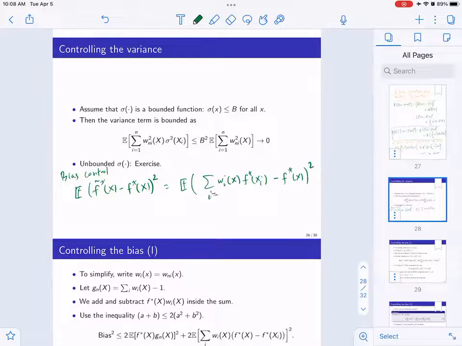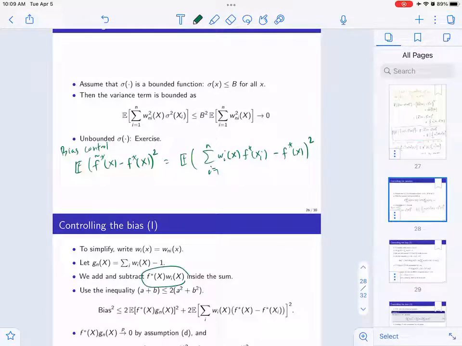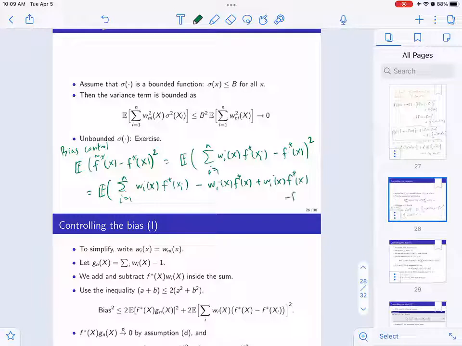What we do is we add and subtract this quantity. So you're going to add w_ni(x) f star x_i is there, right? I'm going to subtract w_ni(x) f star at x, plus w_ni(x) f star x, minus f star x. So these are inside the sum.